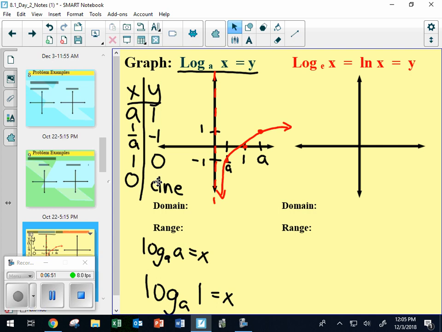Now this was just for some base called a. What if I decided that I wanted a to equal 2? What would I have to change in my graph? Would the graph itself look different?